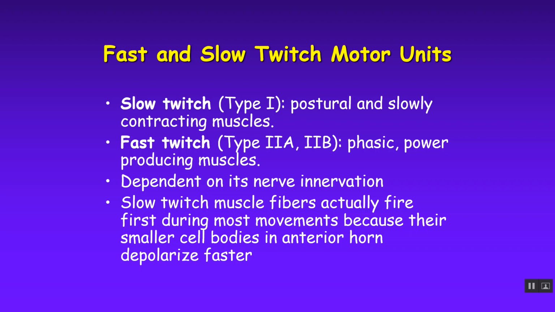The cell bodies going to your trunk muscles, as you're sending a signal down to do an activity, depolarize a little bit sooner and go to those postural muscles a few milliseconds ahead of time, contracting your postural core muscles before you do some quick ballistic motion with an extremity muscle. Does that make sense?